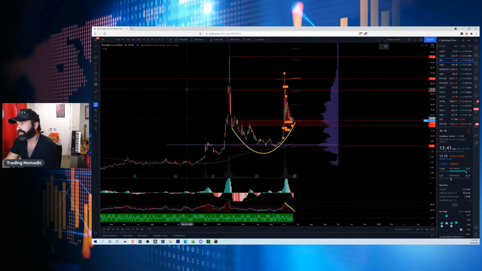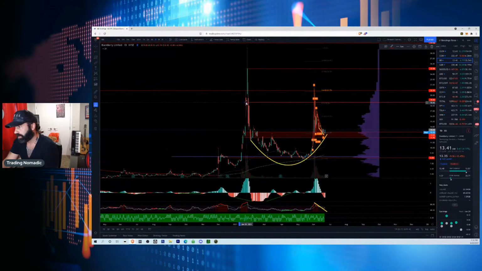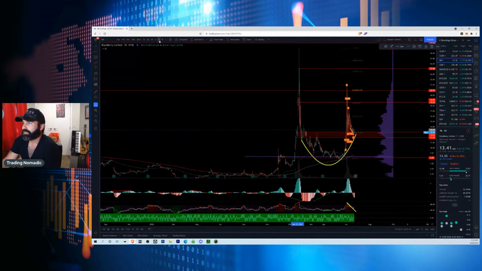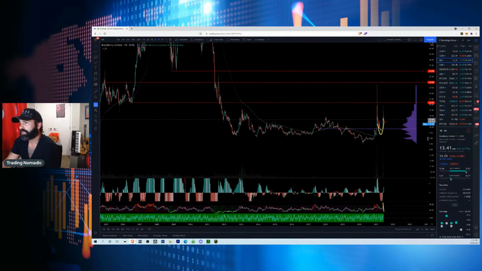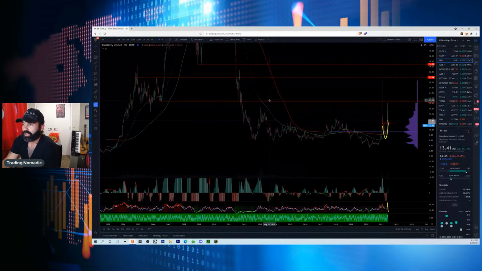If you're looking at some possible targets here on Blackberry, if I don't make you dizzy in the process, I know we got these levels up here at about 21, these crazy levels up here at 25. I don't know if those are historical levels. Yeah, you've got some historical levels up here at 21, 29, 34.